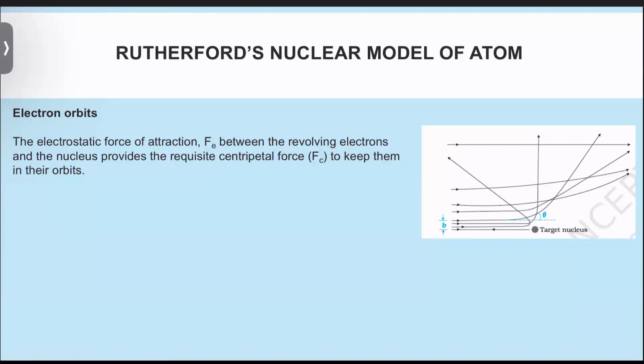So what is the final understanding of Rutherford's nuclear model? You have the central nucleus, and there are these stable orbits around the nucleus, and the electrons are revolving around the nucleus in certain stable orbits.